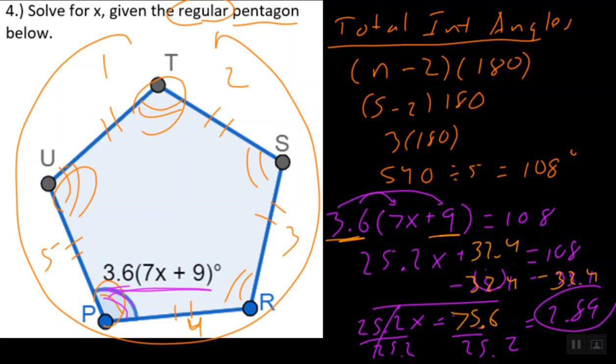And 75.6 divided by 25.2 will in fact give us 3. So sorry guys, I knew this was not the correct answer because I was so surprised when it came out to be a whole number. So guys, the correct answer is 3, and y'all have my utmost apologies for that mistake in the video that I just made. Alright guys, the correct answer to number 4 is 3.